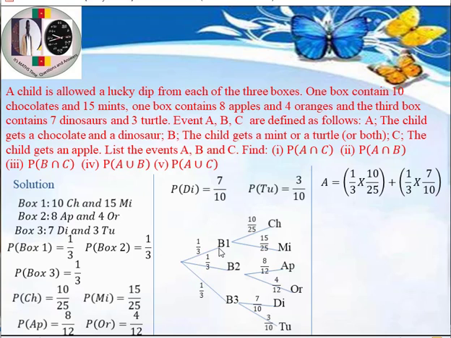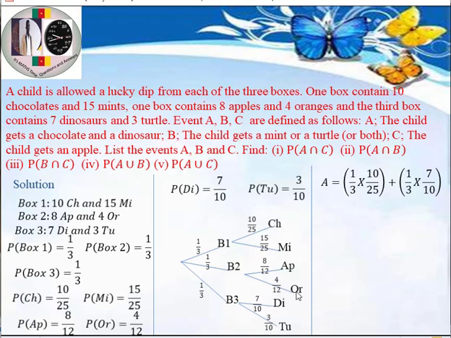So the probability of box 1 times the probability of getting a chocolate, which is 1/3 times 10 on 25, or, which is addition, if we want a dinosaur, we can select from box what? 3. So the probability of selecting from box 3 times the probability of getting a dinosaur, which is 1/3 times 7 on 10.